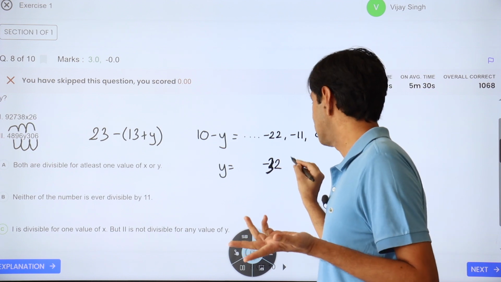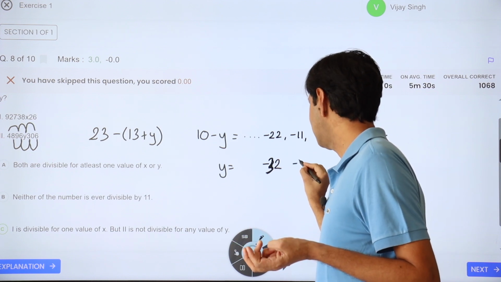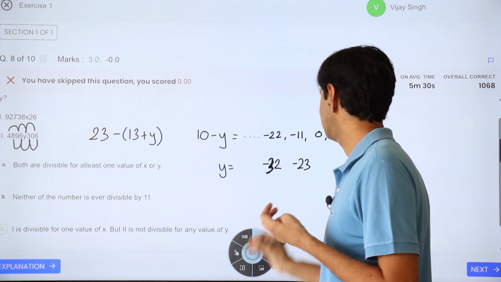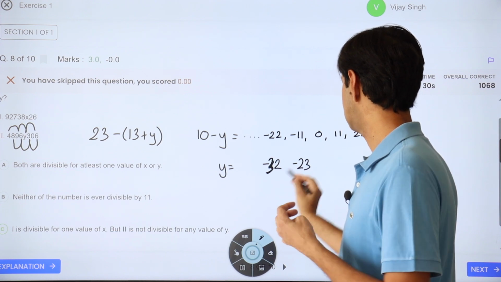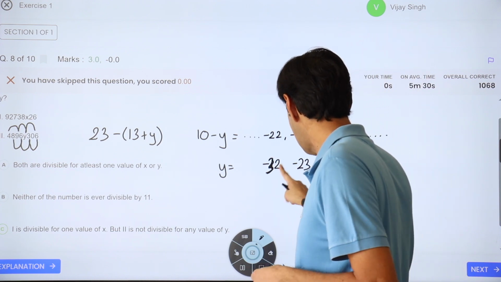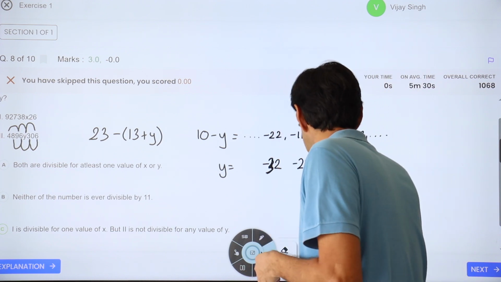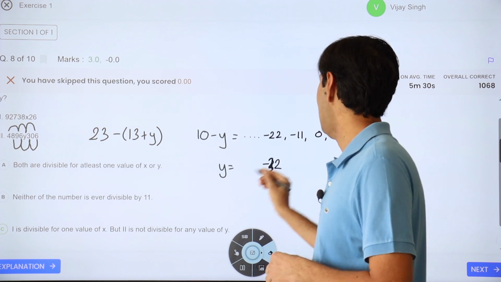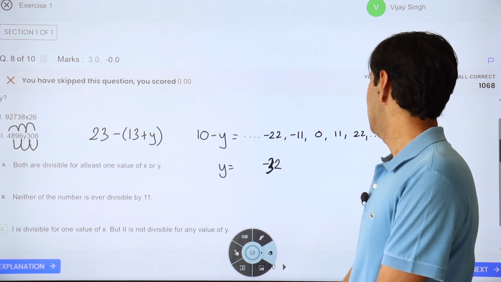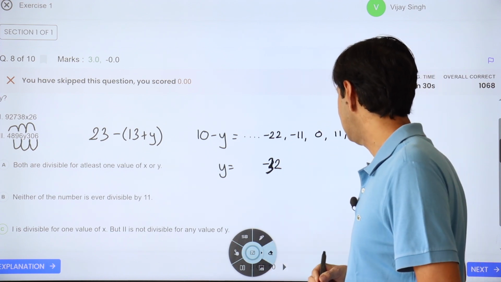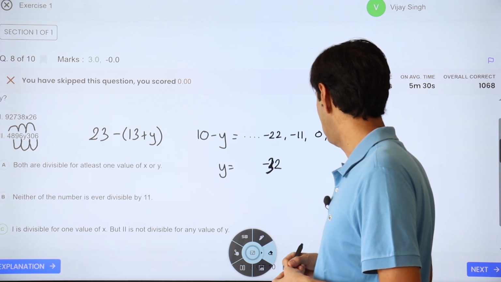Just as this is incremented by 11, keep increasing this by 11 also. So if you add 11 to it, you get 23. Let me check. Add 11 to this, minus 22, minus 21, is it?